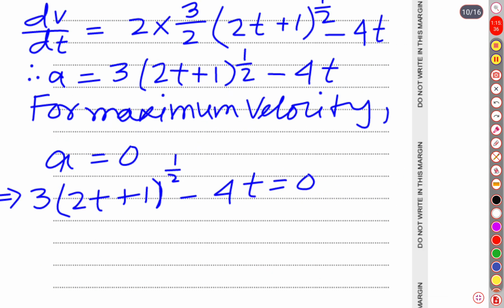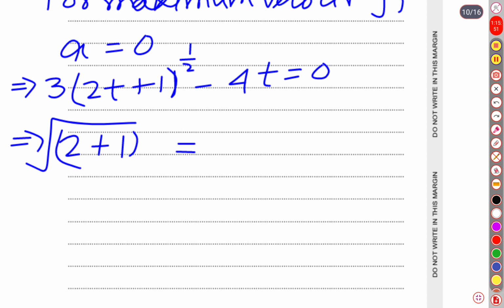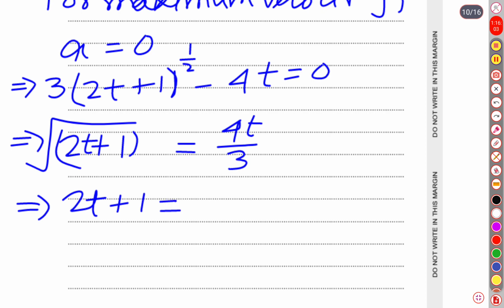If we transpose 4t to the other side, it is going to be (2t plus 1) raised to half, which means square root, equal to 4t over 3. Now squaring both sides we will get 2t plus 1 is equal to 16t squared over 9.